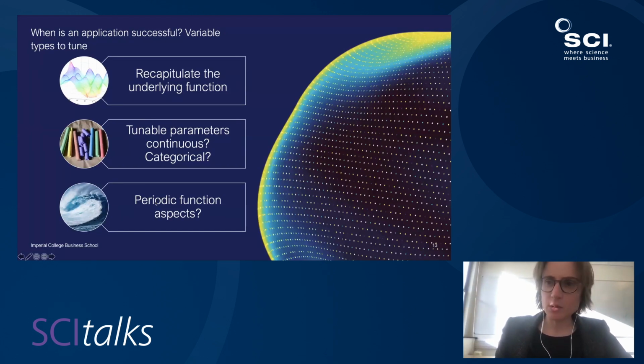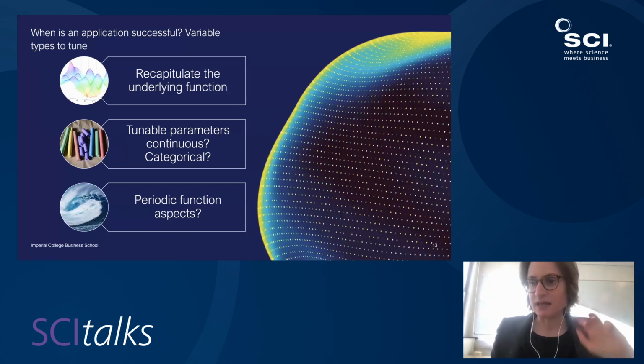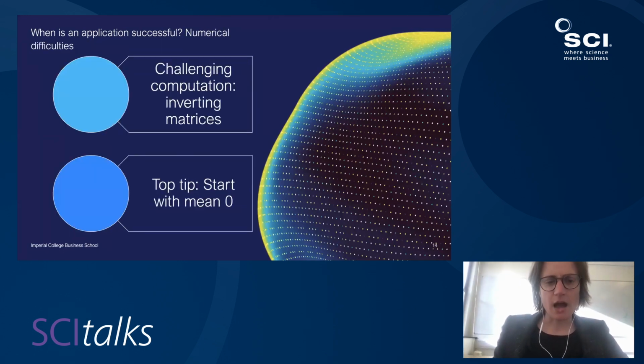The other thing people often ask themselves is about periodic function aspects. For instance, I'm giving in the picture the example of waves. Okay, I'm going to skip this because I'm going slower than normal.